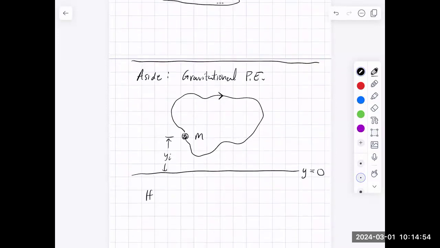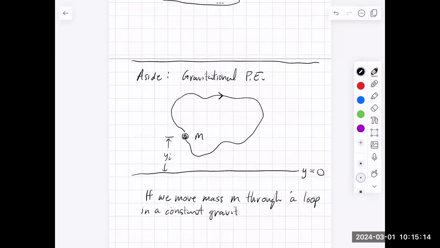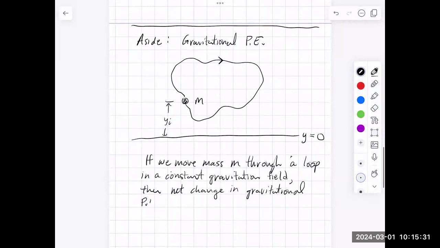So if we move mass m through a loop in a constant, let's say, gravitational field, the net change in gravitational potential energy is 0.